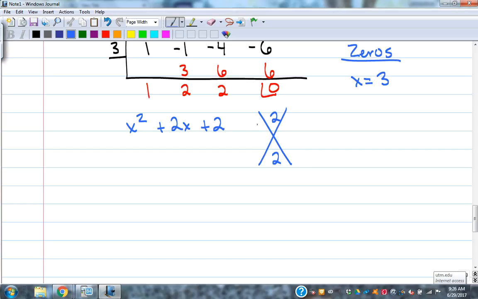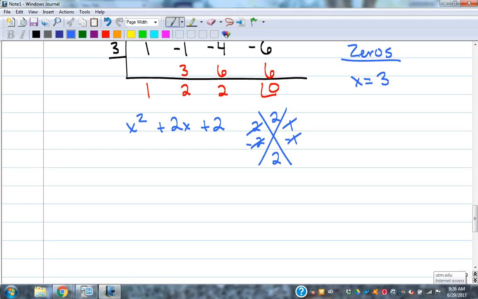The only things that multiply to be 2 are 2 and 1, or negative 2 and negative 1. And neither of those are going to add to be 2. So what does that mean about the factoring of that quadratic? It means it won't factor. But that doesn't mean I can't solve it. Remember back when we did quadratics a couple of weeks ago, we had the quadratic formula that we could use to get the zeros of a quadratic if it wouldn't factor.